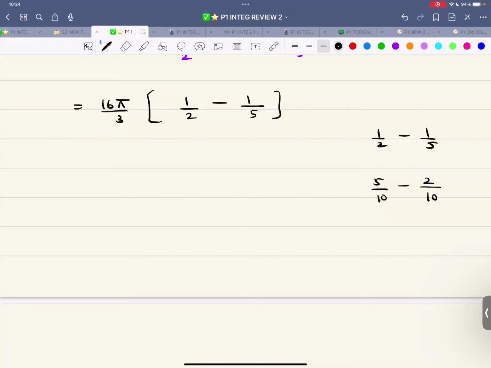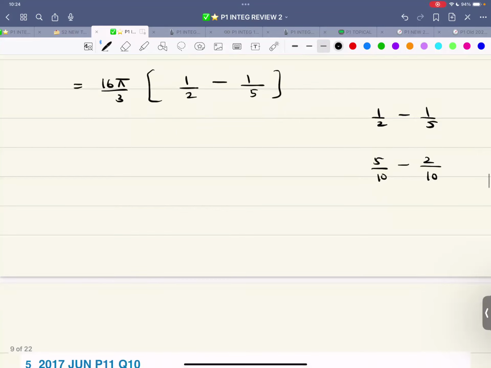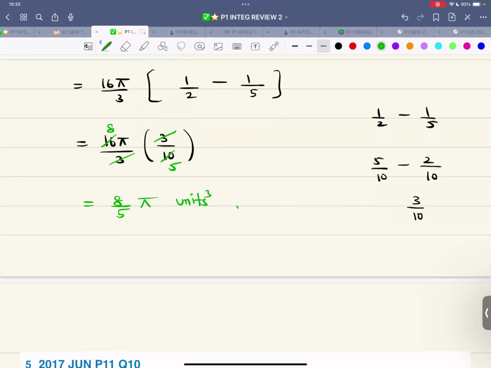So 5 over 10 is half, 2 over 10 is 1/5, all good. That comes out to be 3 over 10. So this is 16 pi over 3 into 3 over 10. The 3 cancels, and 2 eights are, 2 fives are. Therefore, this is 8 over 5 pi cubic units.